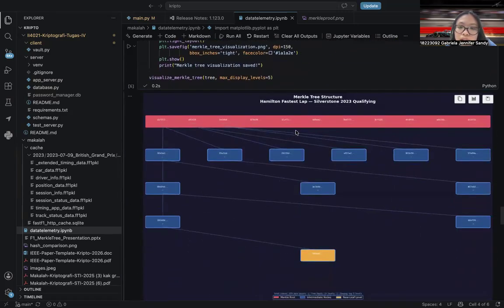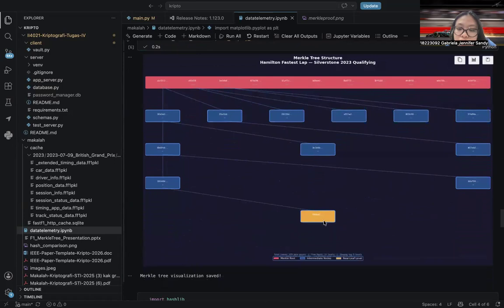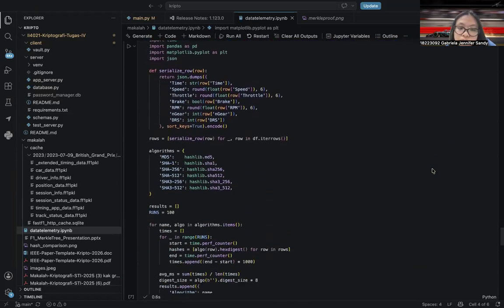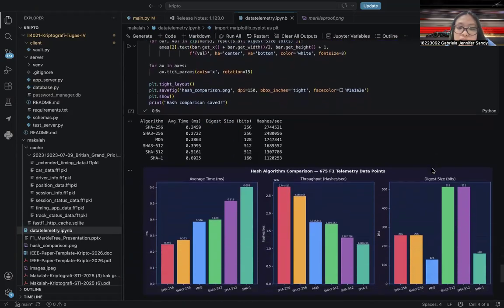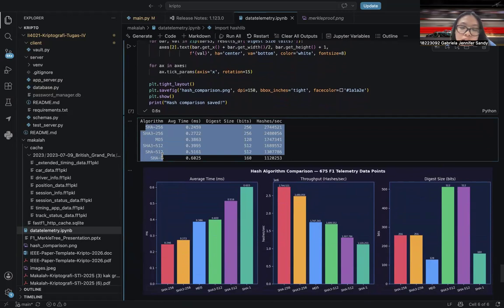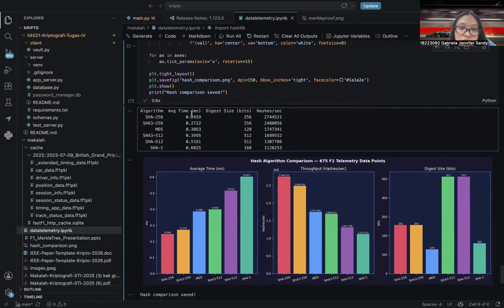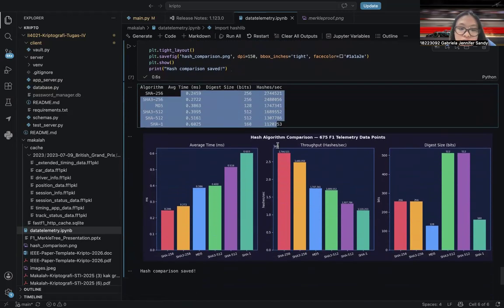Next is the Merkle tree structure, where we can see the near-leaf level, and the blue ones are the intermediate nodes. Lastly, this is the hash algorithm comparison, where we can see that using different SHA variants results in quite different hashes.